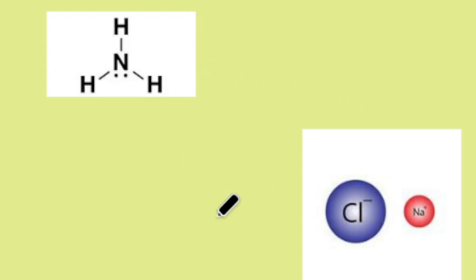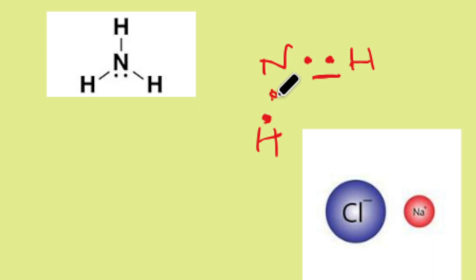I take the example of ammonia, where nitrogen makes three bonds with hydrogen. As we see, nitrogen gives one electron and hydrogen gives one electron, so it is the same type of sharing. The other hydrogen also gives one electron and nitrogen gives one electron, and likewise for the first hydrogen.